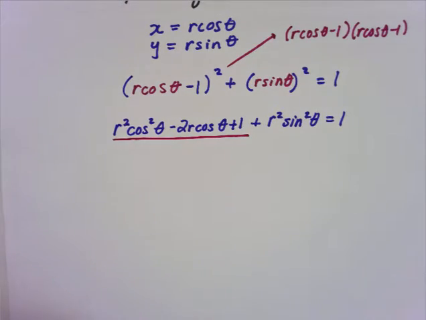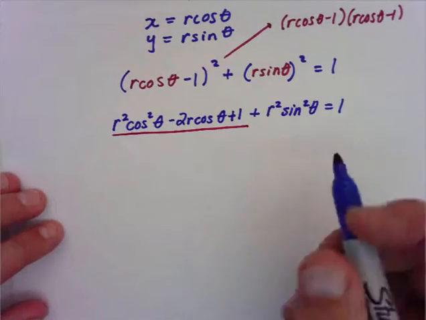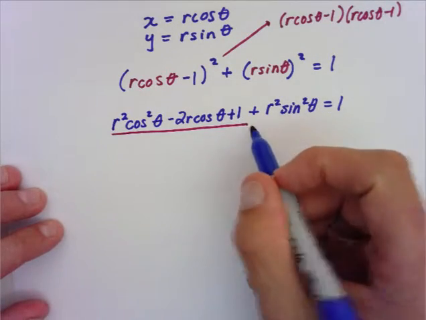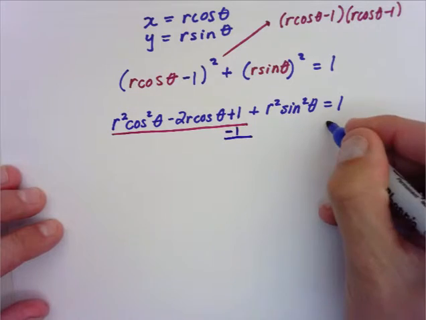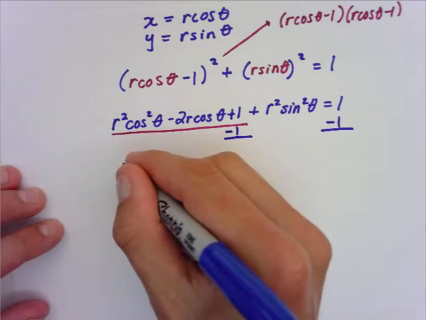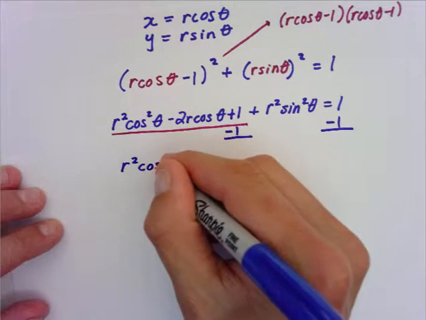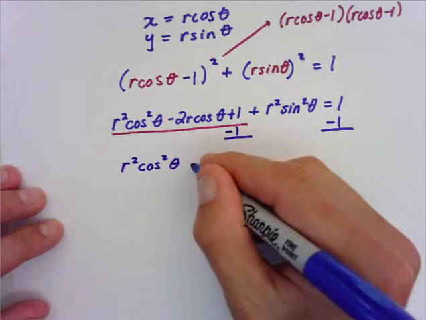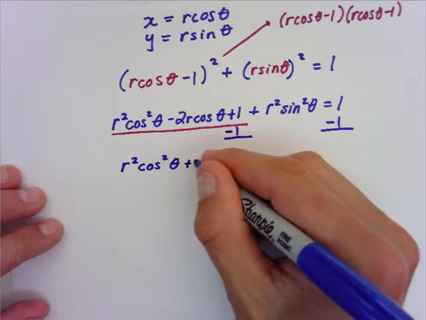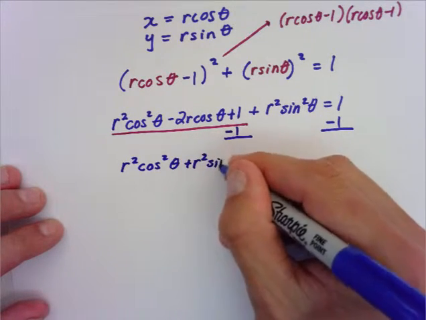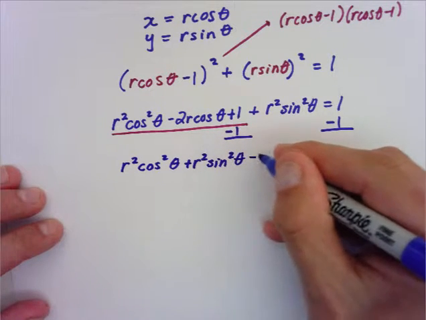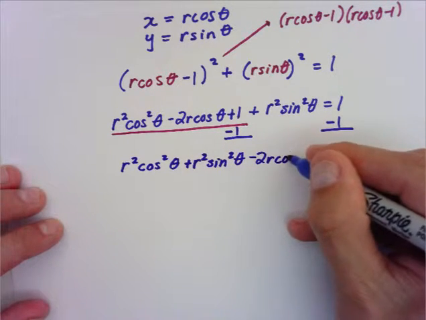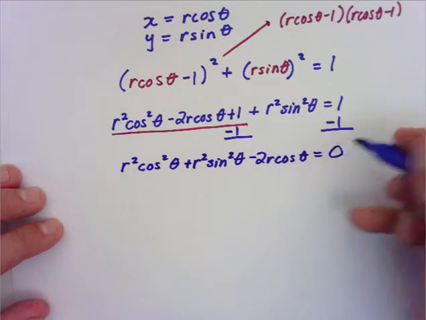Now, I'm going to just do some rearranging. I'm going to subtract 1 from both sides. And I'll go ahead and do this so you can see the whole thing here. I'm going to have r squared cosine squared theta plus r squared sine squared theta minus 2r cosine theta, and that's going to equal 0, 1 minus 1.